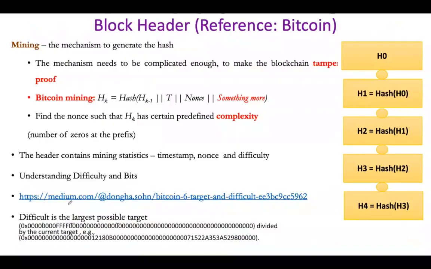So what is there in this mining in Bitcoin? Mining is the mechanism to generate the hash for the new block. The mechanism needs to be complicated enough to make the blockchain tamper proof.